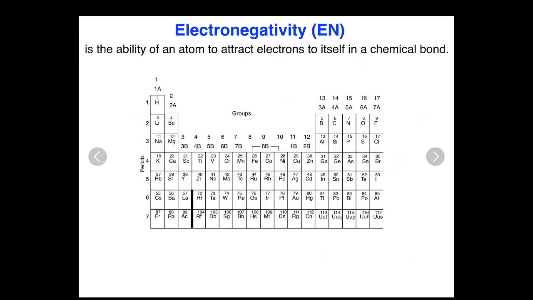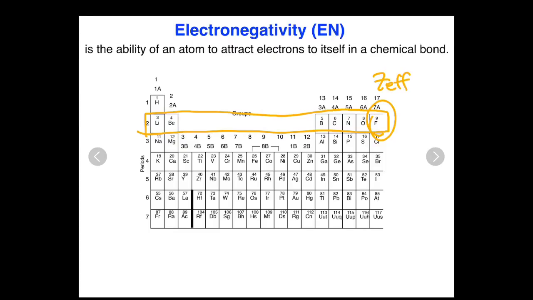Now if you're looking at the trend, it's pretty much going to fall into the same trend as the atomic size. If you're looking at the same row right here, you are going to see that fluorine would have the highest effective nuclear charge.